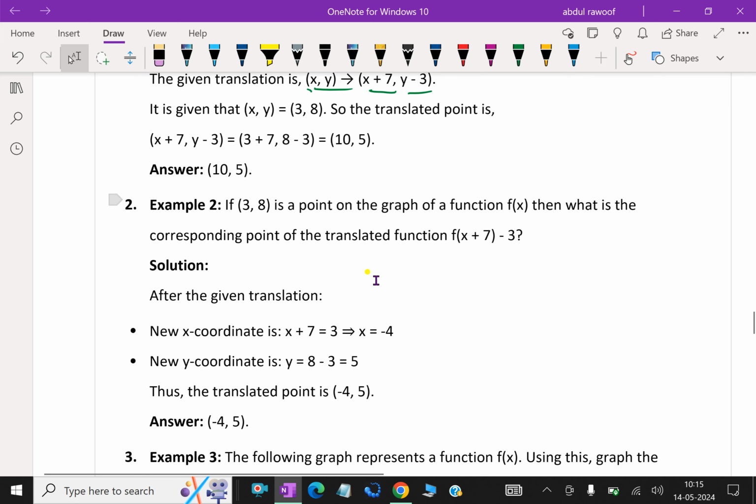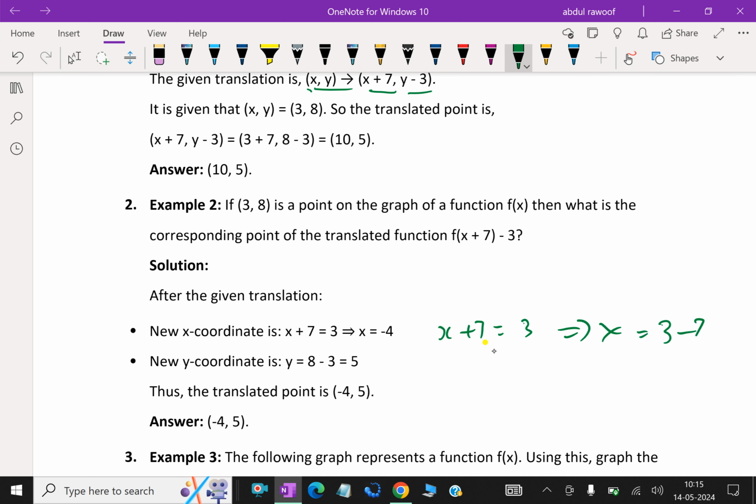That means after the given translation, the x coordinate becomes x + 7. That is, x + 7 equals 3, then x becomes 3 - 7, which is -4.